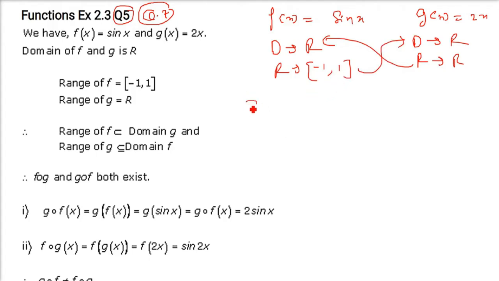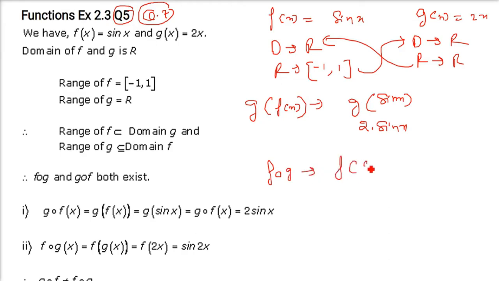So let us find out gof first. g of f(x) means g of sin x. So put it here, sin x. So you get 2 into sin x, 2 sin x. Now fog(x) means f of g(x).